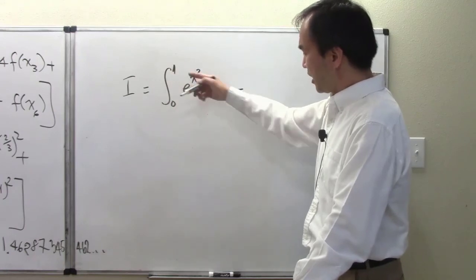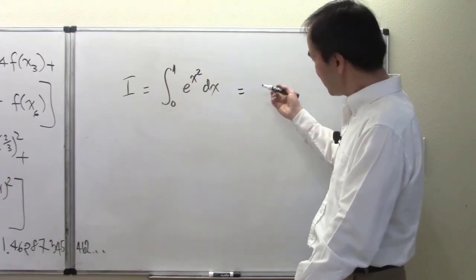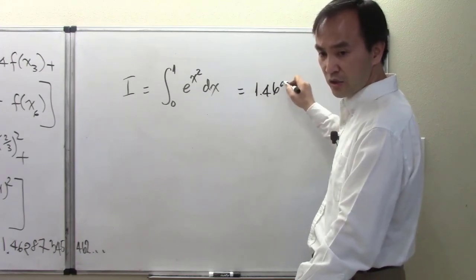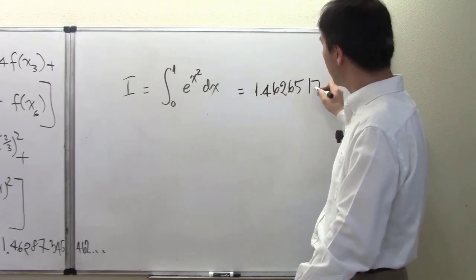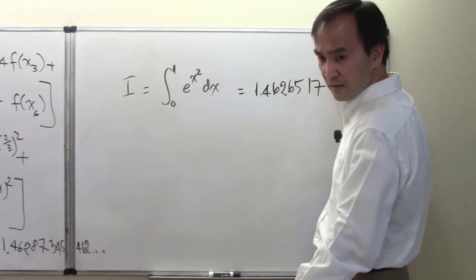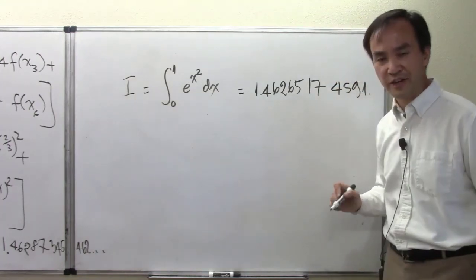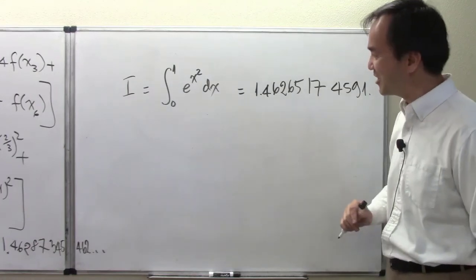So this integral has the exact answer in decimals, quite a lengthy decimal actually: 1.46265174591. I have to constantly stare back and forth between the boards and my computer station like that.